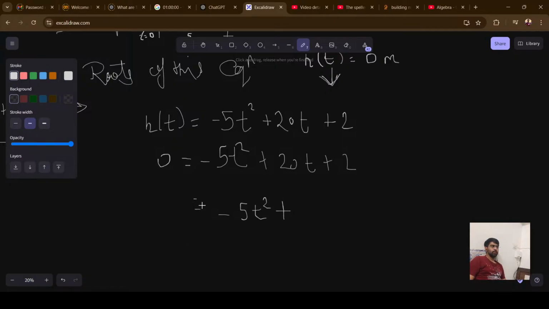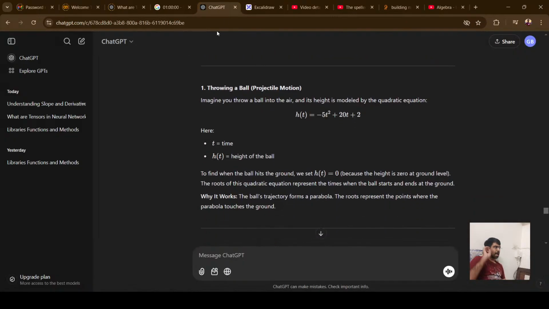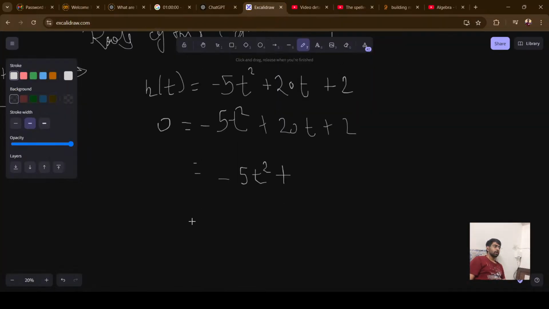I don't remember how to solve this, but now I get to know that by finding t, we will be able to find the time at which the height of the ball is 0. The concept is clear now.